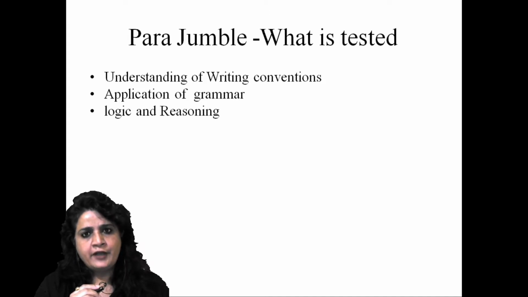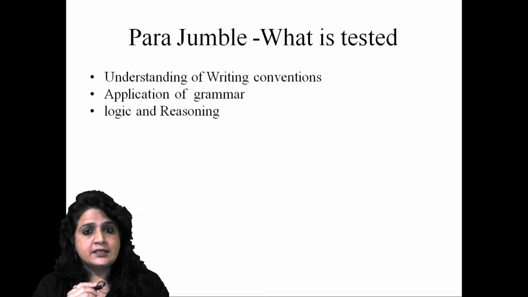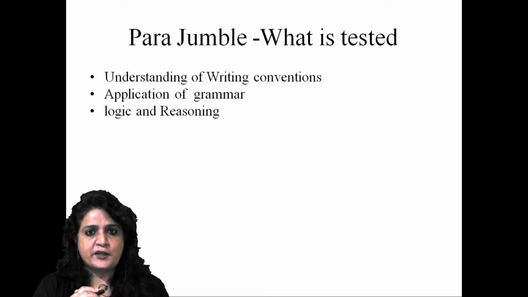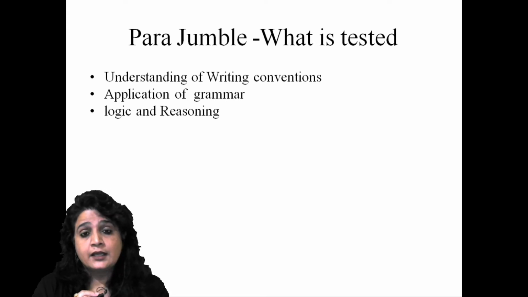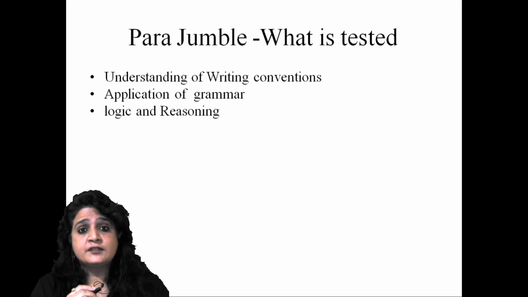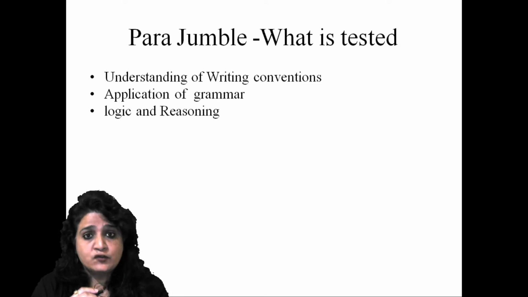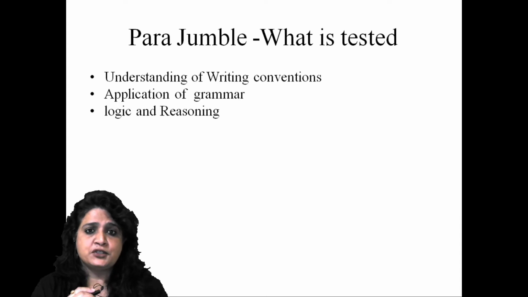So, what I have figured out is I have listed these three things that possibly are being tested with this set of questions. First of all, your understanding of writing convention. It may sound a bit strange that a reading comprehension question or a parajumble question tests your understanding of writing convention.